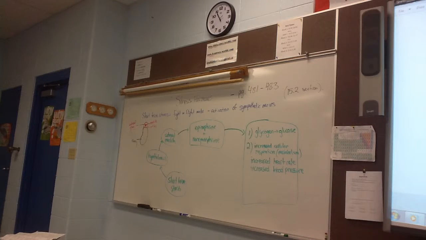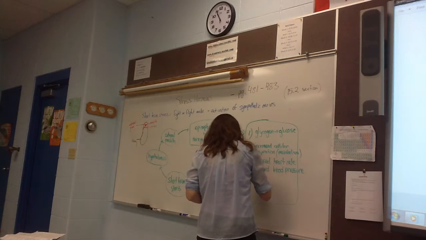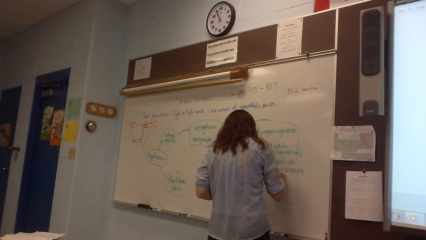So we have C6H12O6 plus O2. So if we need more oxygen, and we're also going to have more waste, like more CO2, we'll need to get it out. So what will also need to increase? Breathing, yeah. So we'll say increased breathing rate.